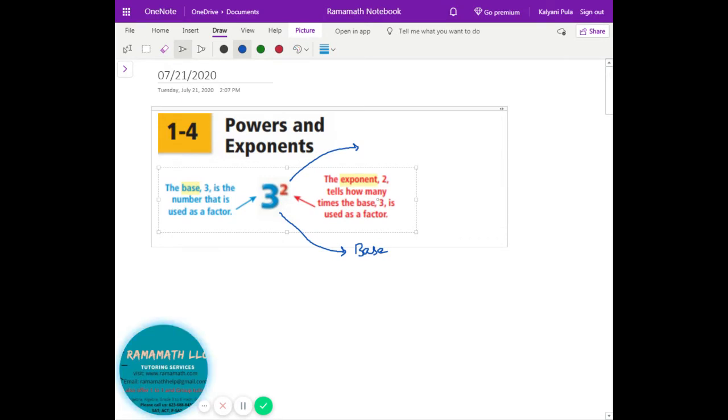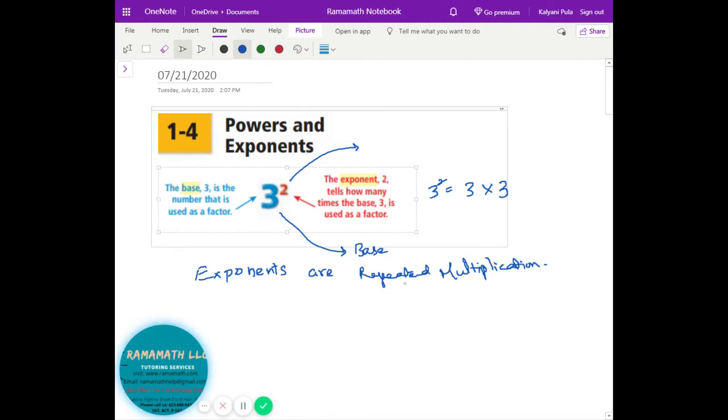Okay, so this is the base and this is the exponent, and 3 to the second exponent means you repeatedly multiply 3 two times. That's 3 squared. So exponents are nothing but repeated multiplication. Repeated multiplication is called exponents, and repeated addition is called multiplication. That's a really important thing that you need to know.